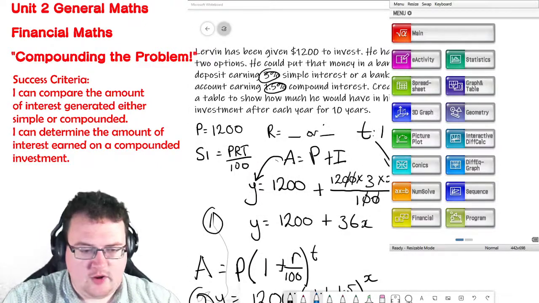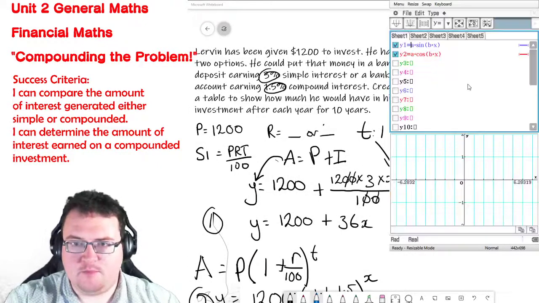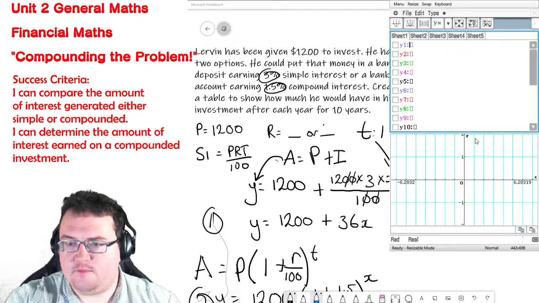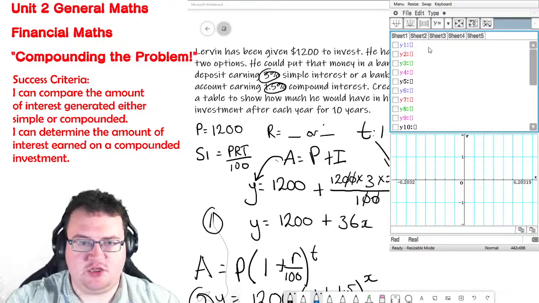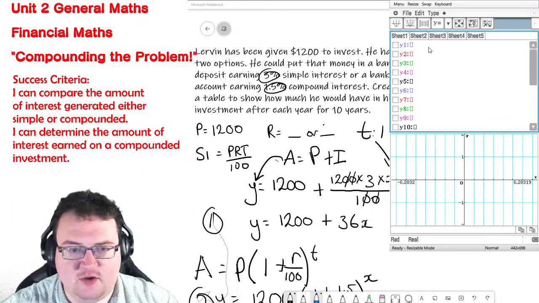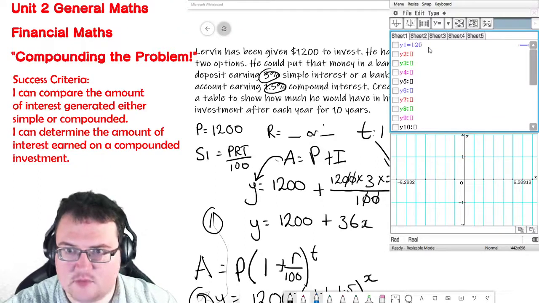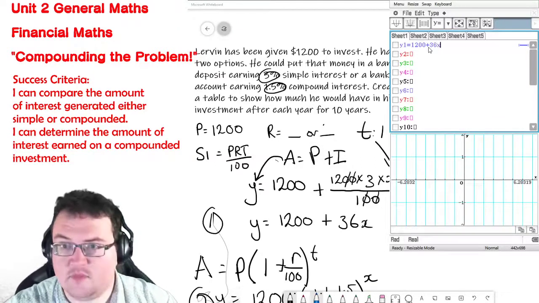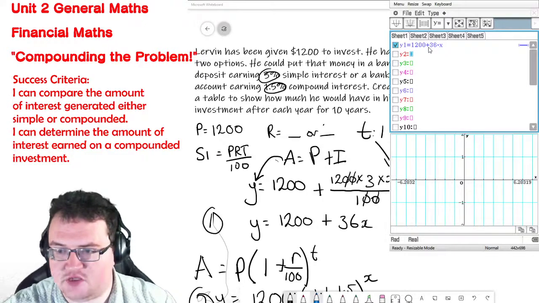So, on our Kaz, what we're going to do is we're going to go to graph and table. I think I'm just going to get rid of all this method stuff. All right, now I don't need to worry about the graph, but what I do need is I need to put into my Kaz, my equation. Y1 is going to be equal to 1200 plus 36x. All right, so that's our first equation.